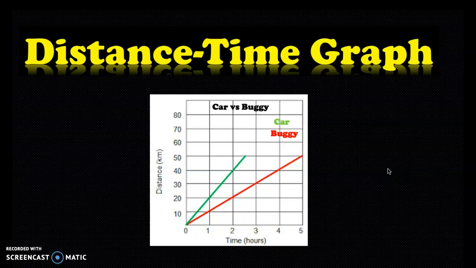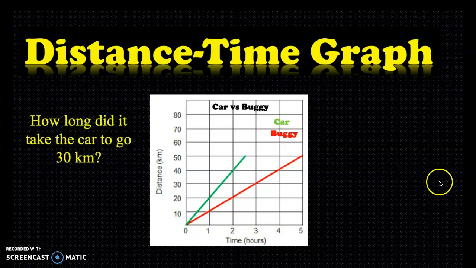Now as we look at this, you should be able to look at this type of graph and answer some questions. For example, how long did it take the car to go 30 kilometers? Just a quick review of how reading a graph works. We're looking at a distance of 30 kilometers, so we simply go up our chart to 30 right here.